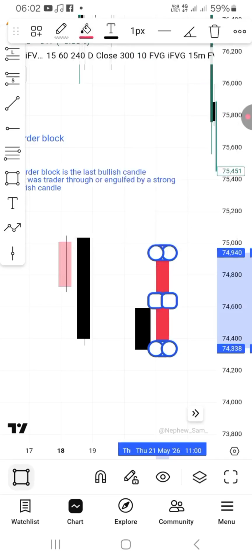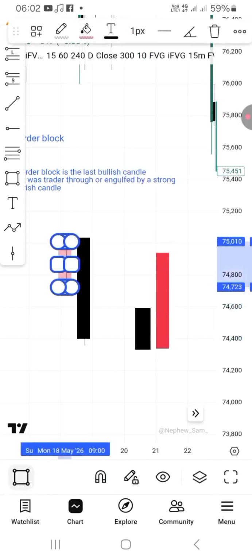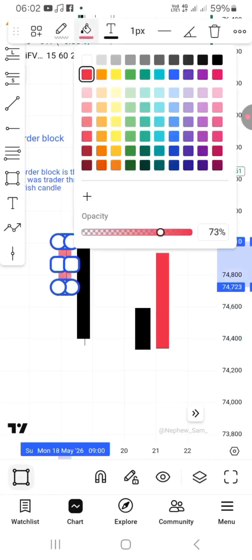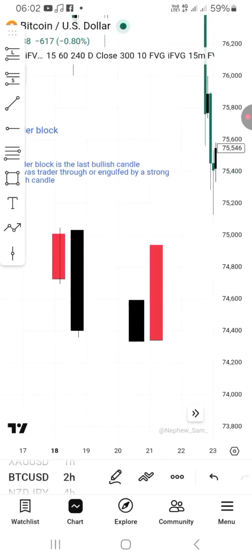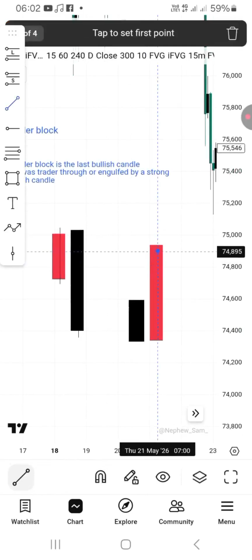Let's change the color of this guy. Yes, okay. Let's make this thicker. All right.